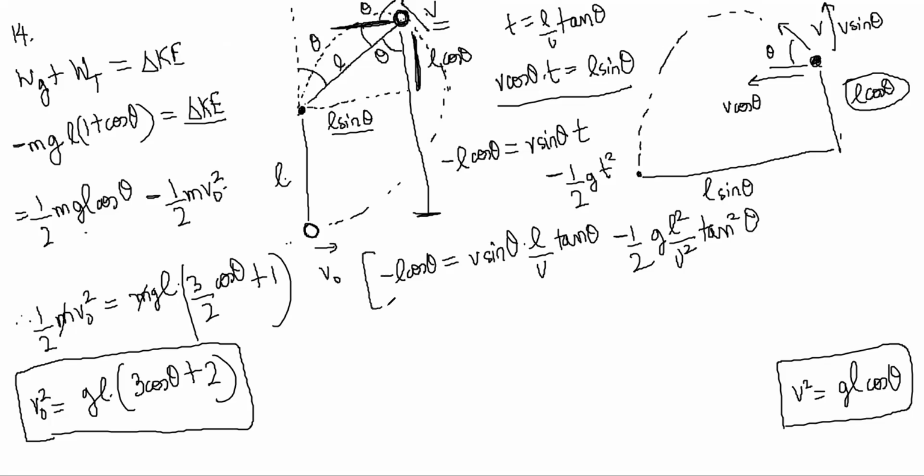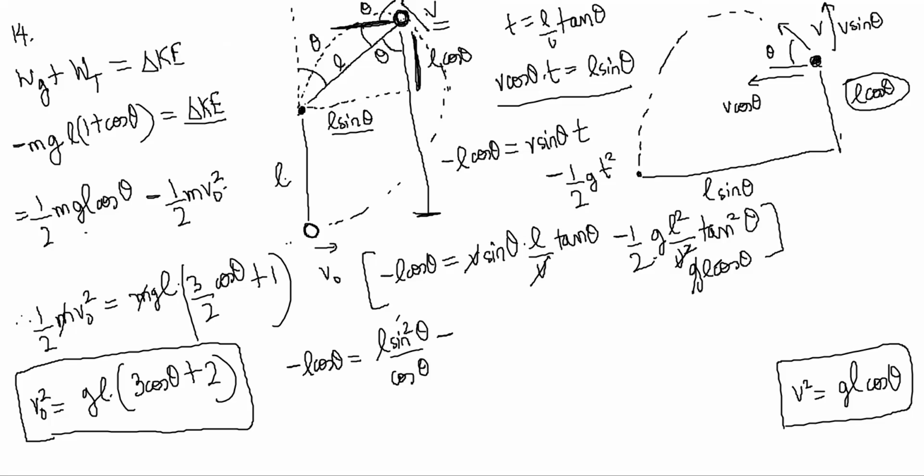This is my relation right now. V cancels, and v square I can put as gL cos theta here. You get minus L cos theta is equal to L sine theta into tan, so L sine square theta by cos theta minus, instead of v square I'll put gL cos theta.